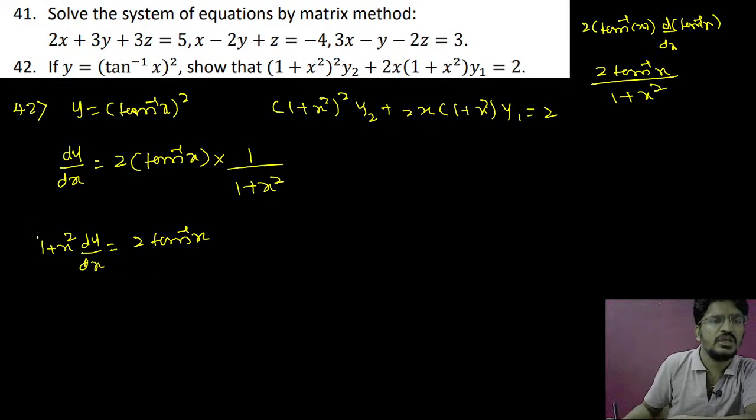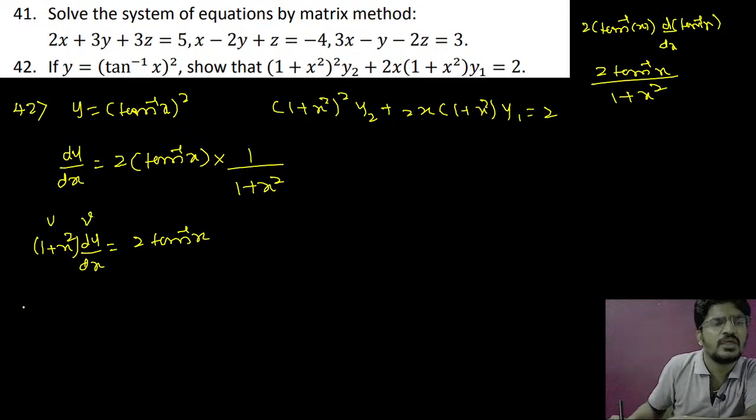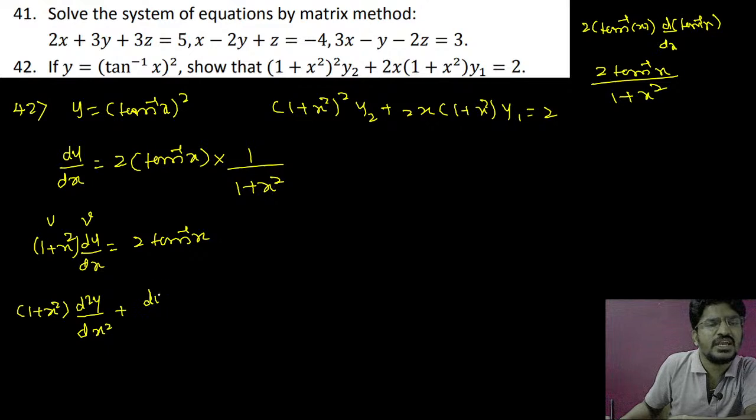Okay. So now again we have to differentiate because we want the second order derivative. While differentiating, be careful, this is u, this is v. First I will write 1 plus x square as it is. I will differentiate dy by dx, it will be d square y divided by dx square, plus dy by dx as it is, into the differentiation of 1 plus x square, which is 2x.